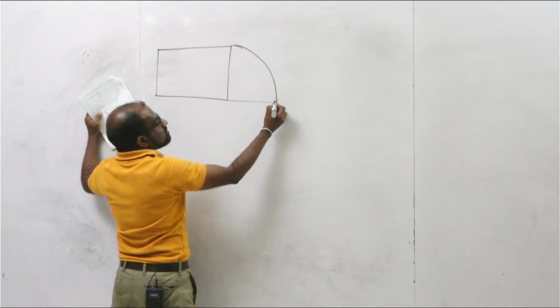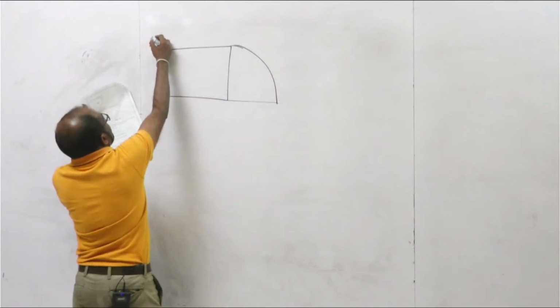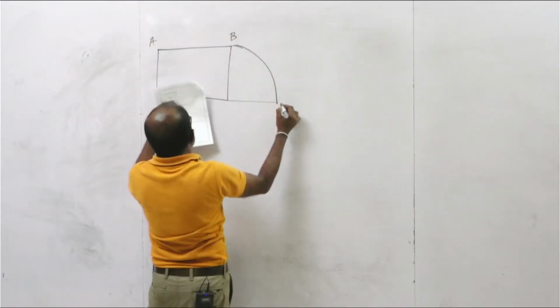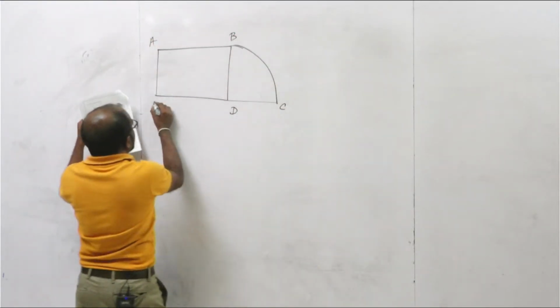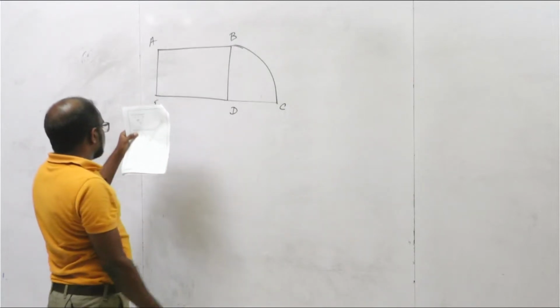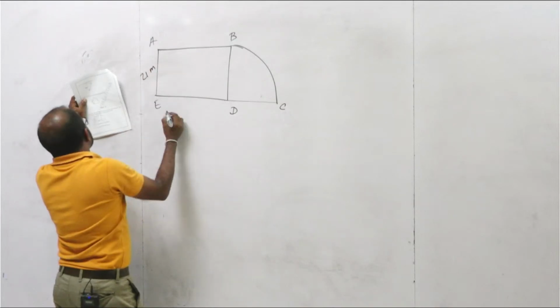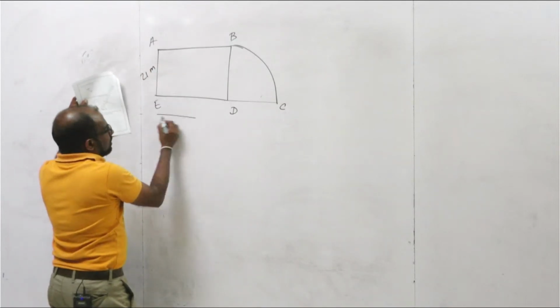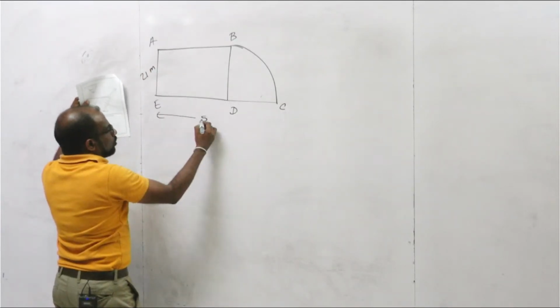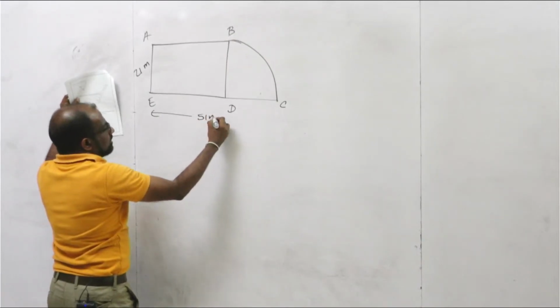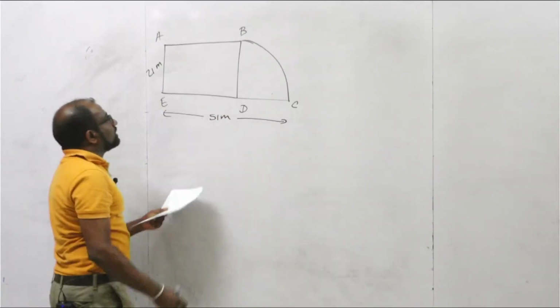A, B, C, D, E. This one is 21 meters. This total length, both pond and grassy land, is 51 meters.